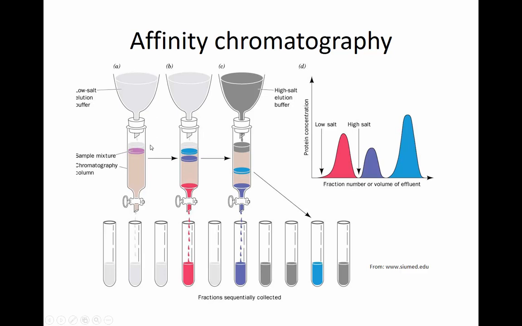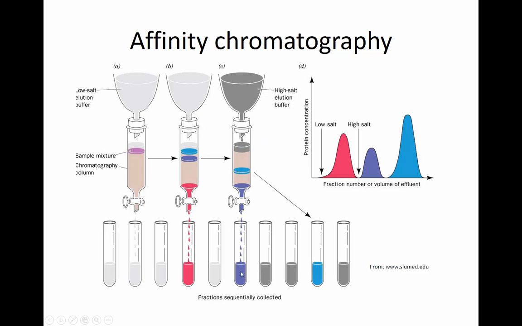And here's what this might look like. We have a sample mixture that's put on a chromatography column, and again, depending on what comes through, you have different types and volumes of effluent and eluent. We wash out all the impurities, the stuff we don't care about, and then if we change the buffer to some high salt elution buffer, we can then elute different things that have been attached to our ligand that was immobilized in the column here.